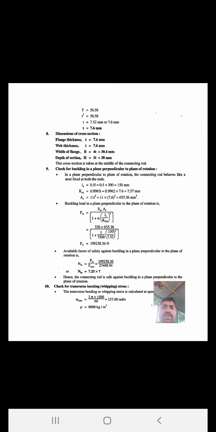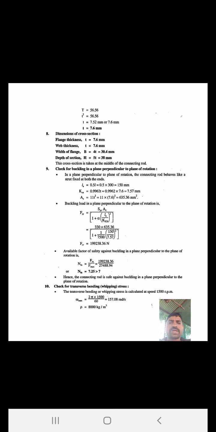Then check the available factor of safety against buckling in the plane perpendicular to the plane of rotation. NFc is equal to Fcr divided by F max. NFc you will get 7.25, which is greater than 7. Hence the connecting rod is safe against buckling in the plane perpendicular to the plane of rotation.